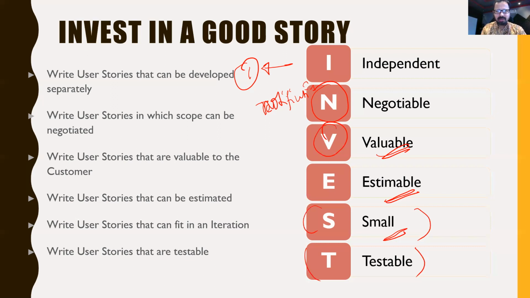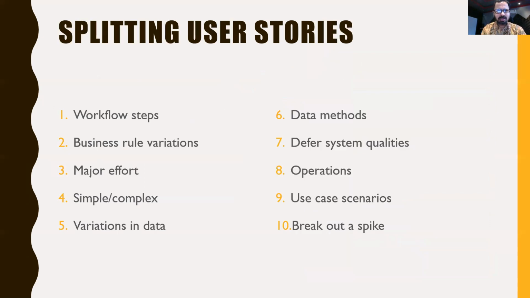Now let us get into a few of the concepts of user stories, of splitting of the user stories. These are a couple of ways in which we can split user stories. One is using the workflow steps. One is using business rule variations.